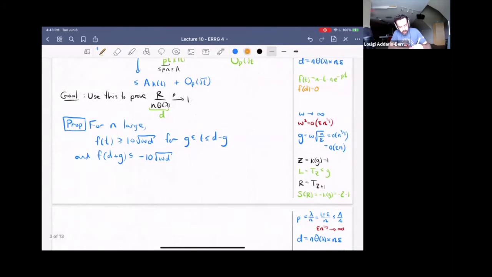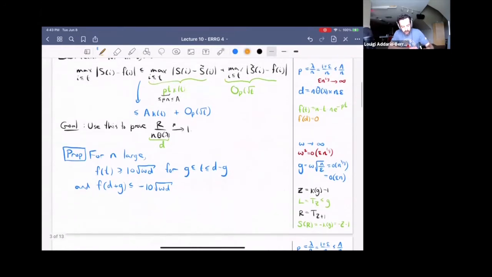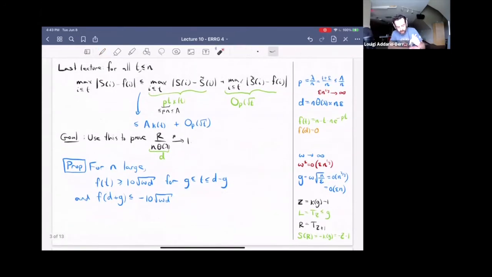Okay, so that's what I want to use to prove the law of large numbers. And let me first just use it to prove a bound on z. You see, z is going to factor into this error bound here, because one of the terms in our upper bound is the number of components explored, and we'll use that at this time g. So to control this term, we need to understand how big z is, and we can get control on z just from using this proposition.